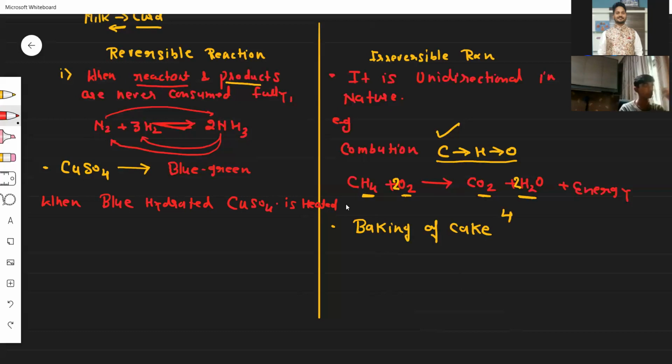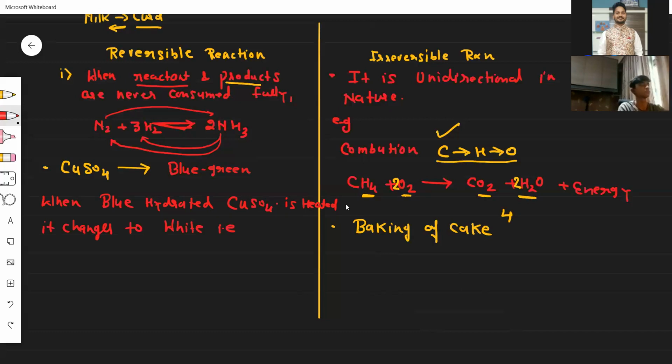When it is not in the water, you're not able to get a blue color. It is white, and white is a combination of all 7 colors. So when the blue hydrated copper sulfate is heated, it changes to white.